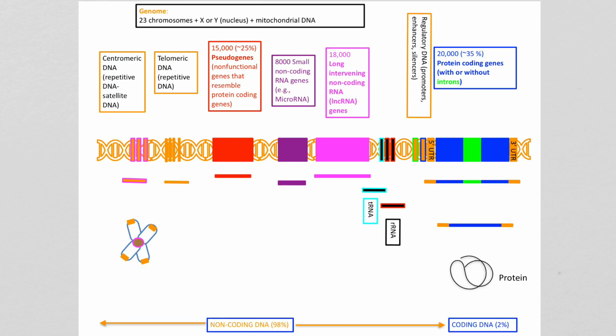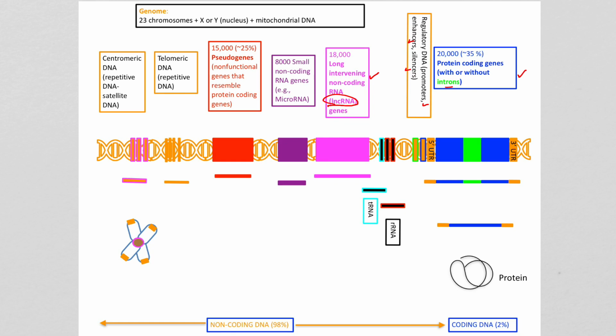for healthcare professionals. We talked about protein coding genes, and we'll look at introns in a few seconds. The rest of the information on your DNA includes things like promoters, enhancers, silencers. And then we have genes called long intervening non-coding RNA genes, or lncRNA.